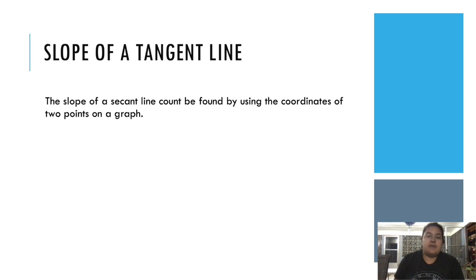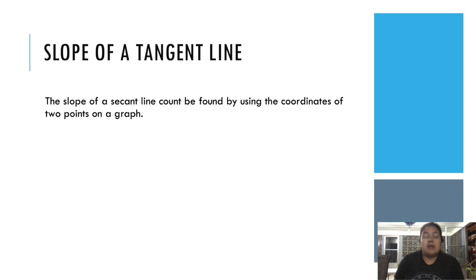The slope of a tangent line is what we are looking at today. That is going to be the derivative that we're going to be talking about, and we'll find out how to find the equation of the slope of a tangent line. So the slope of a secant line can be found by using the coordinates of 2 points on a graph.